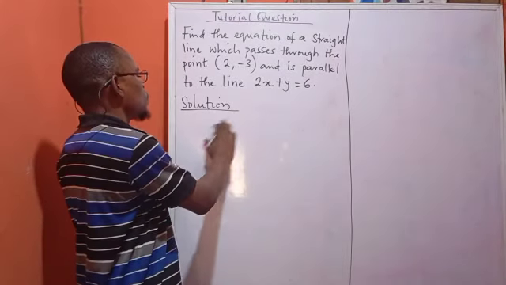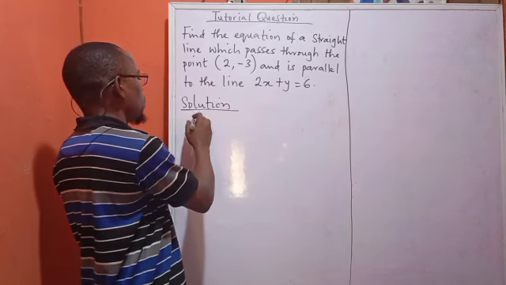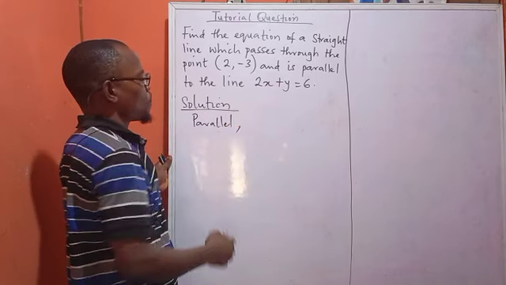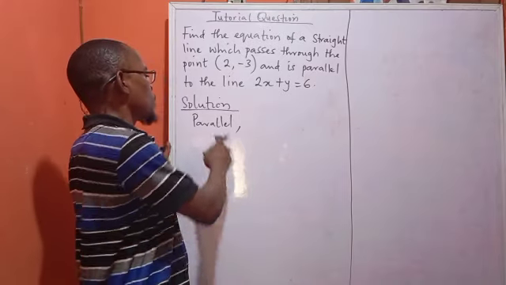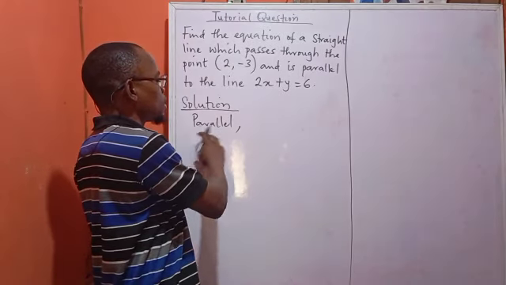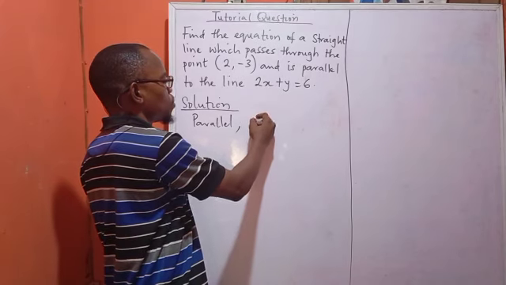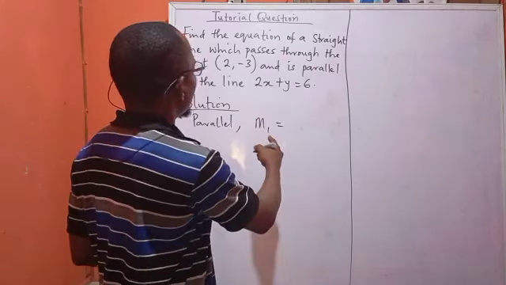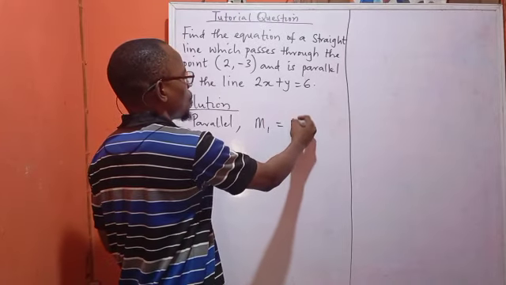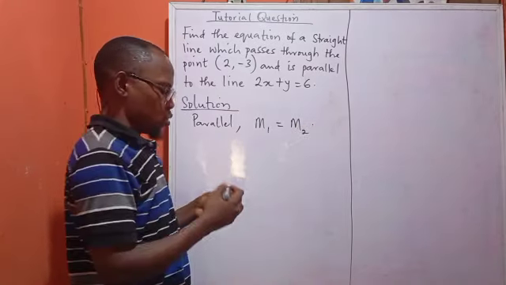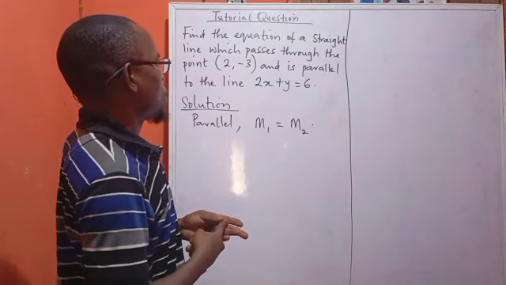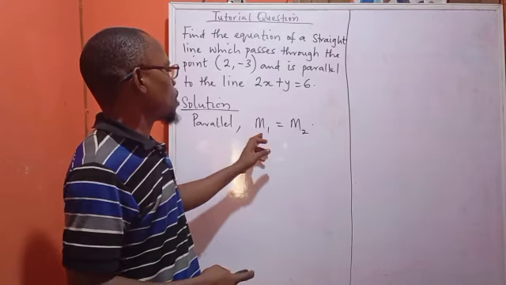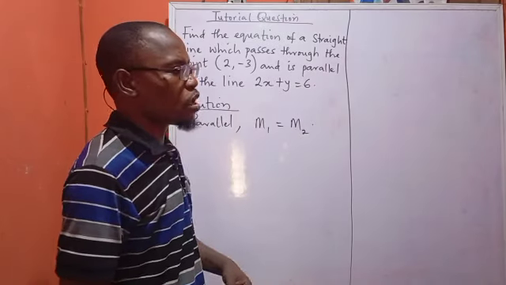Now, since they are parallel, for as long as they are parallel, what this means is that m1 equals m2. Since they are parallel to each other, it means m1 is equal to m2.